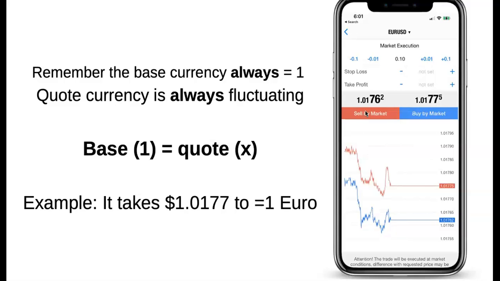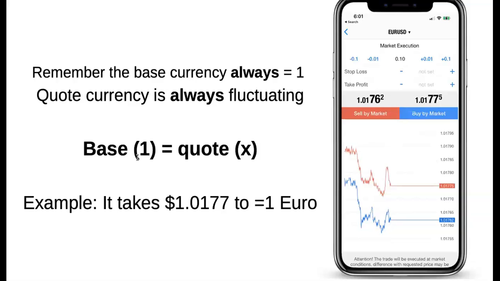So if you were to get in a sale, 1.0176 would be the price that you would be getting. So 1 euro would be sold for 1.0176. If you are buying, then 1 euro would be equivalent to 1.0177 in US dollars.